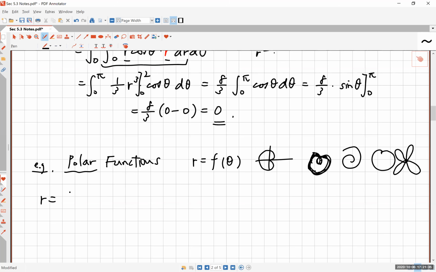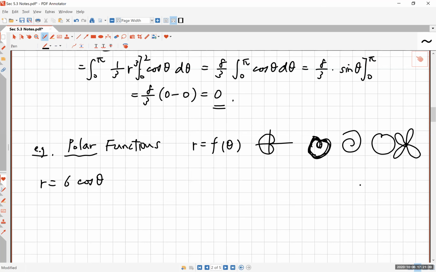If you have r is equal to 6 cosine theta, do you remember how to sketch the function here? All right, so let's practice this. This is just one example, but these are all examples of polar functions, and there are many other graphs of polar functions.